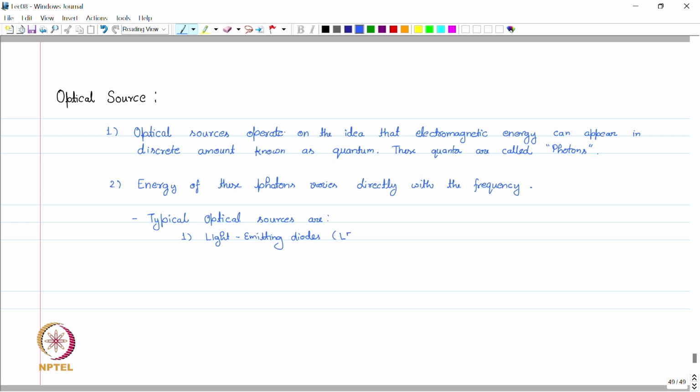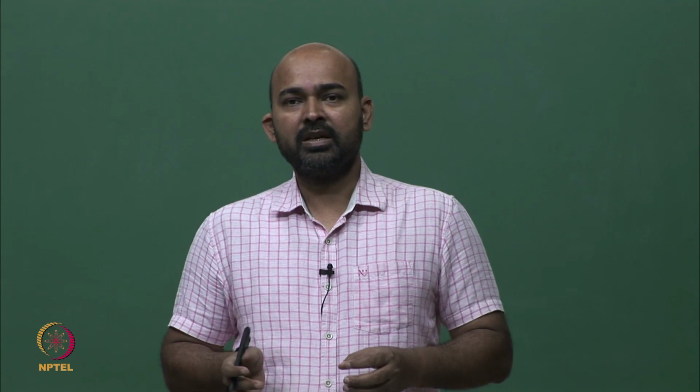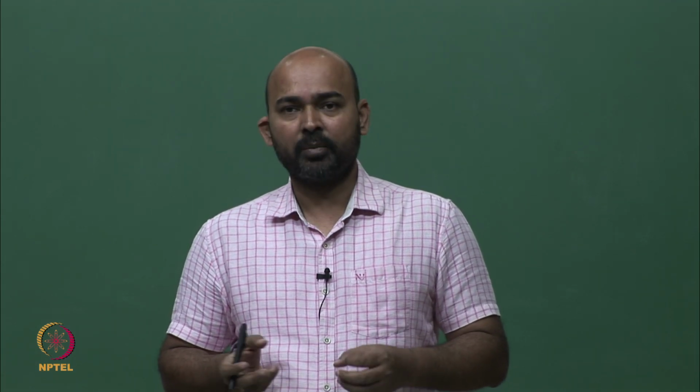We call them LEDs, and the second one is the lasers. So, these are two types of optical sources which are used in the semiconductor industry to generate these optical waves.